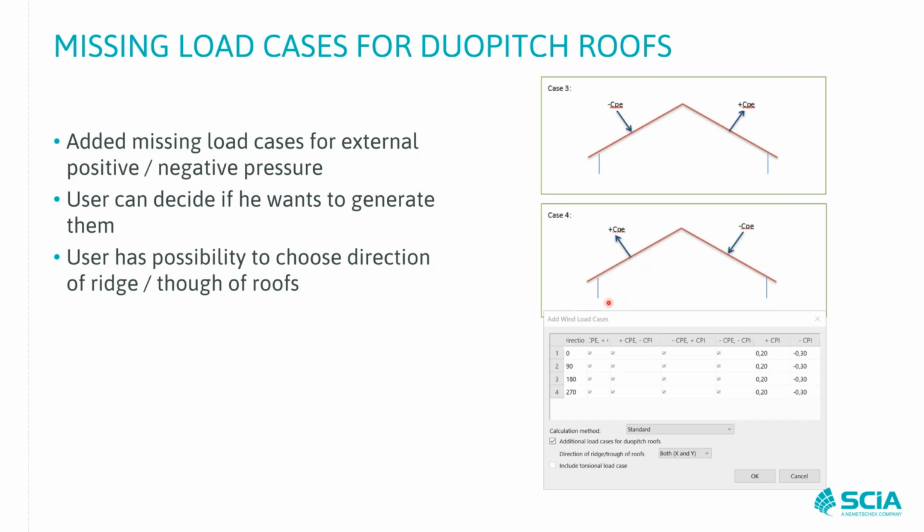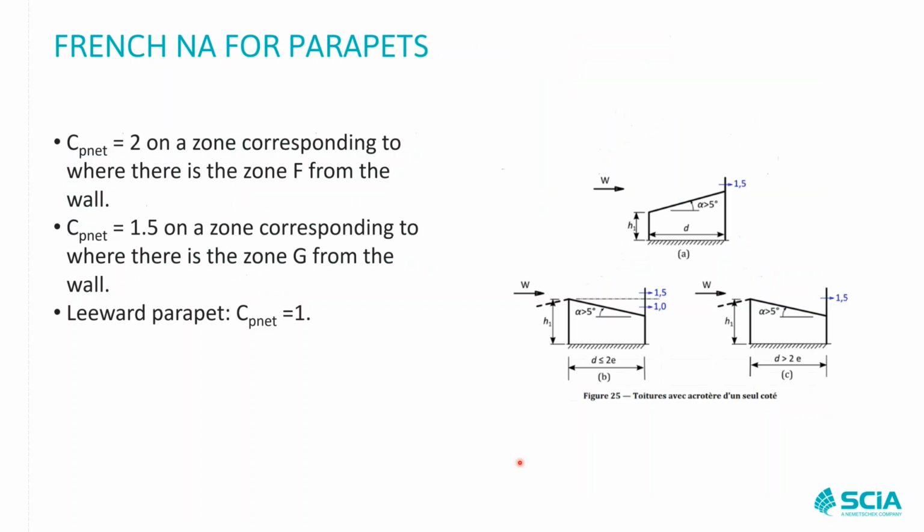That's very simple. By default, it's switched off. You need to take an action and switch it on, and that's just valid for the dual pitch roof. So if you don't have a dual pitch roof, like a mono pitch or flat roof, then you don't need to consider this option. So a small enhancement, which is very useful to have.